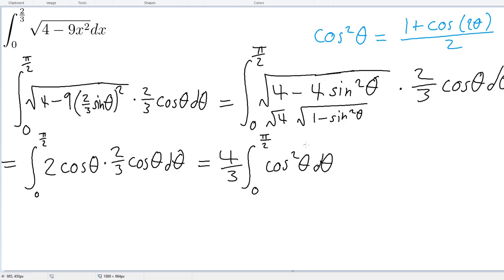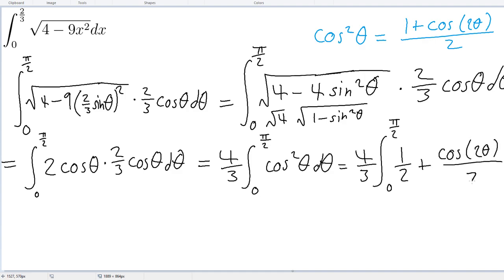So we'll go ahead. This is equal to 4/3 of the integral 0 to pi over 2 of 1 half plus cosine 2 theta over 2 d theta.